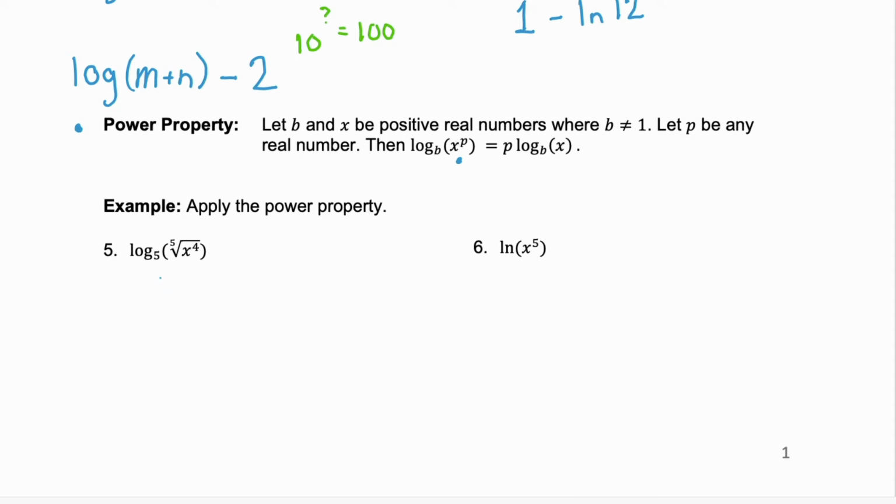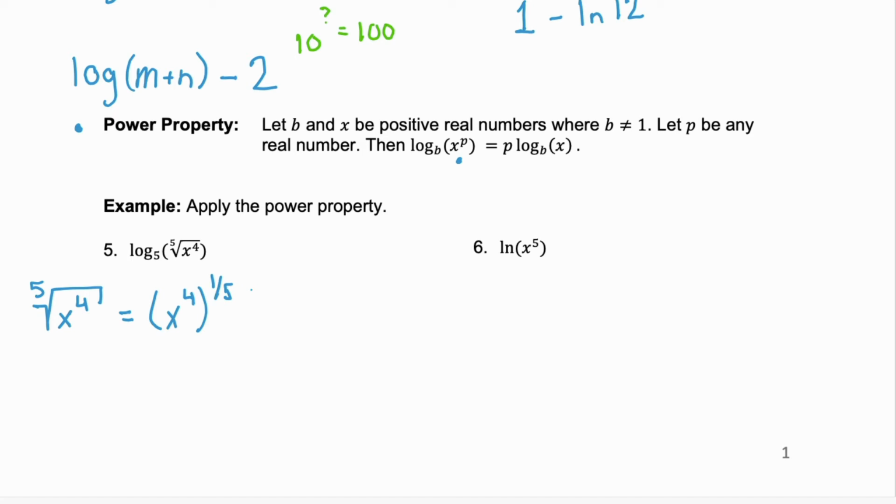In example 5, notice that our argument is a fifth root of x to the power of 4. So on the side, let's simplify or rewrite what the fifth root of something means. Well, the fifth root is the same as taking an exponent of 1/5.